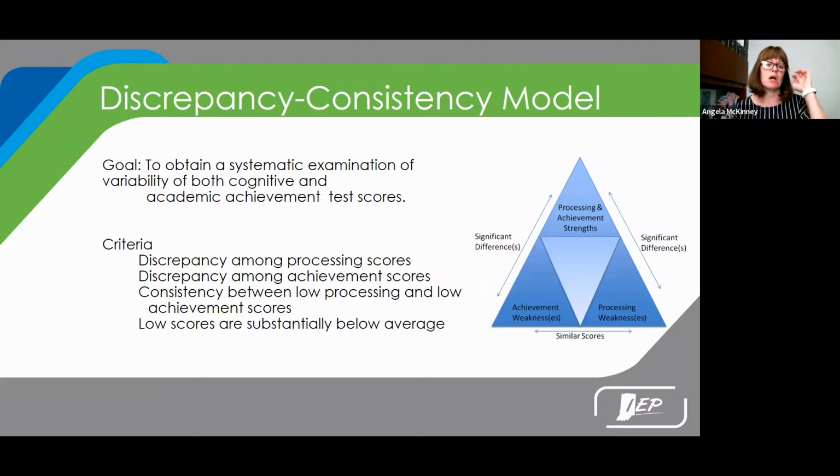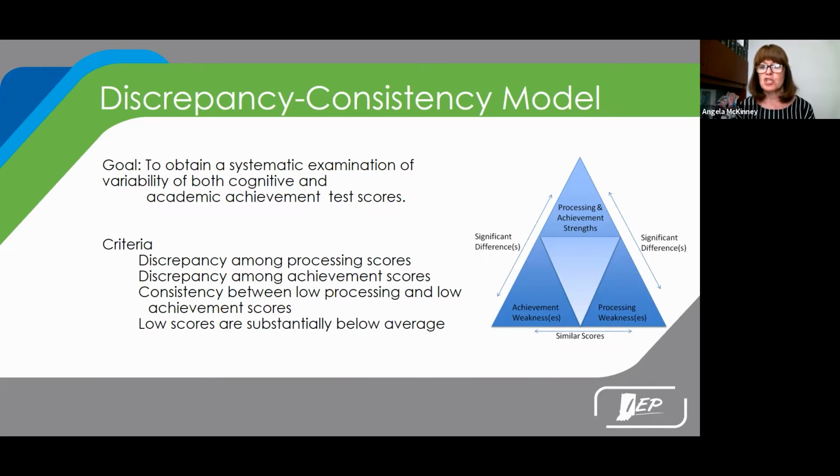So here's how it works. It's looking specifically at consistency and variability within a cognitive profile of those different pieces, your planning, attention, sequential, and simultaneous processes. And it's looking at your academic scores and seeing the consistency and the differences within those as well.